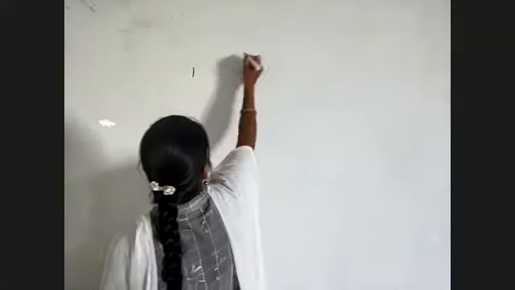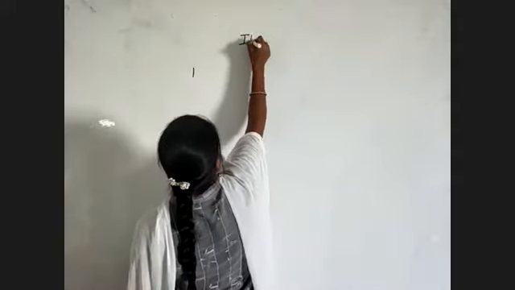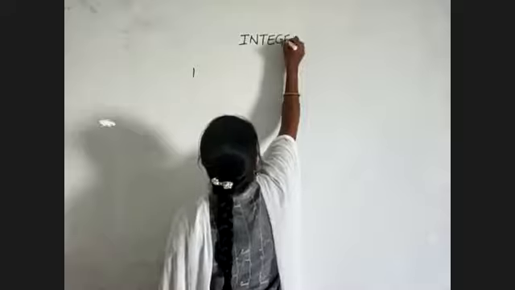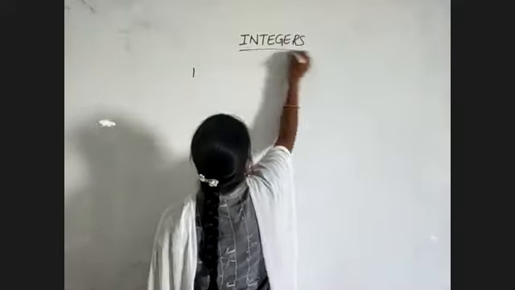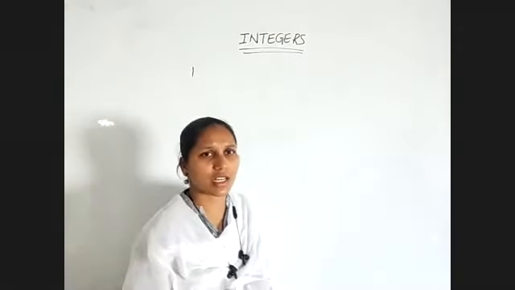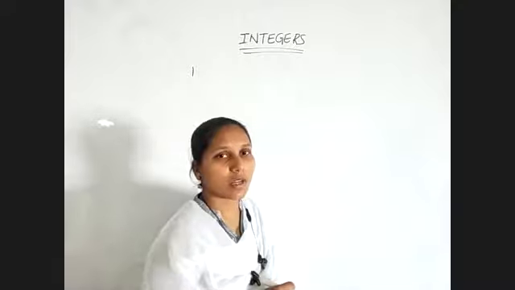Division of integers. Our main chapter was integers. In these integers, we have already studied how to perform basic operations like addition, subtraction, and multiplication. Now we are going to perform division on integers.